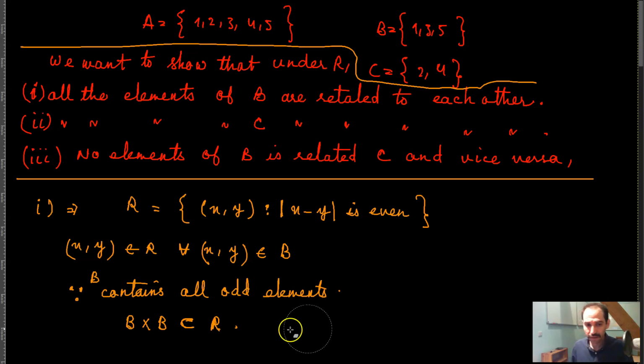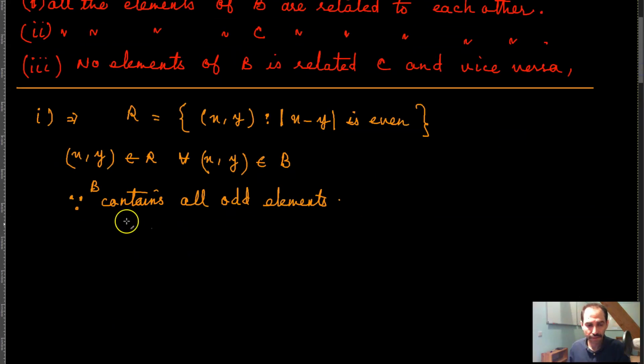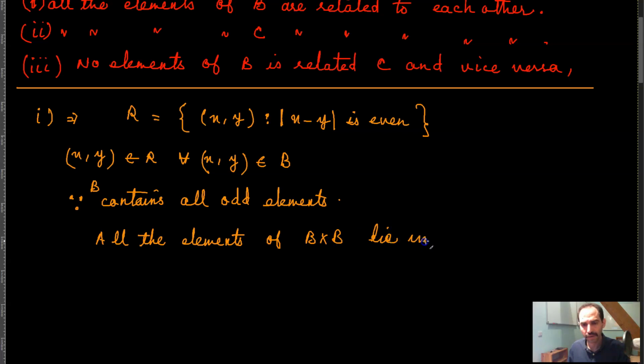Or to express this in a better way, I can say that all the elements of the Cartesian product of B and B lie in R. That I can say, right?